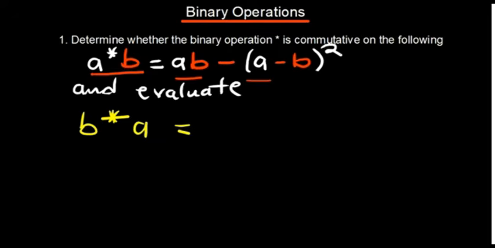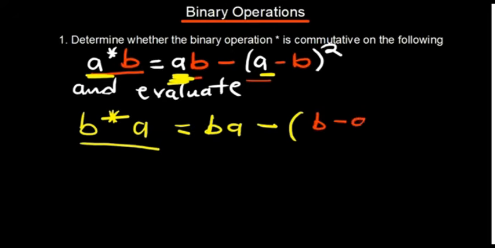So again, we are going to substitute. We know that A corresponds to the first A there. So this is going to be BA minus, where we have A we are going to put B, because we've started with B in this equation. So we have B minus A squared.